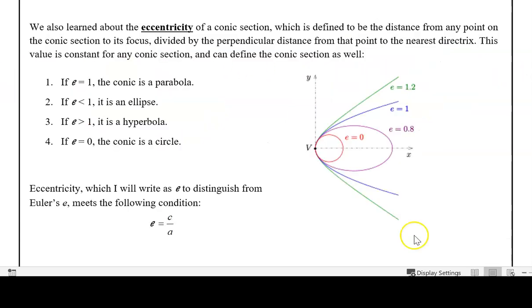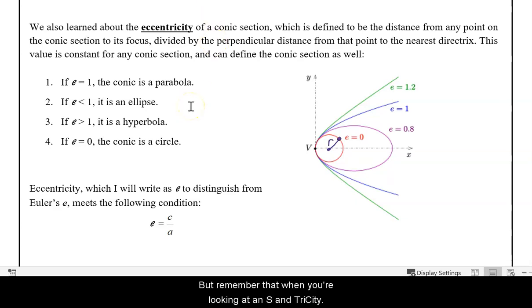Here's a picture that will help you keep in mind the relationship between the eccentricities of the different conic sections that we'll study. When you have a circle, remember that the focal points have coincided with the center, so C is 0. That means that in that case, the eccentricity is going to 0. Now you may say, but that's not quite right, because it's supposed to be from a point on the curve to the focal point. And for a circle, that would be, of course, the radius. And you're correct.